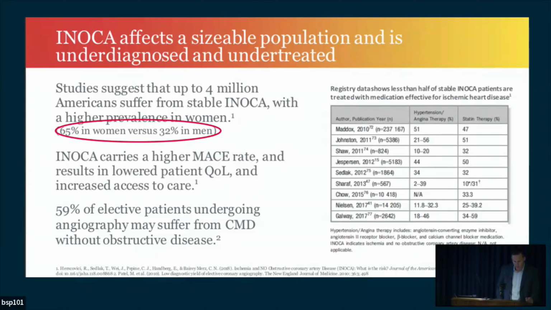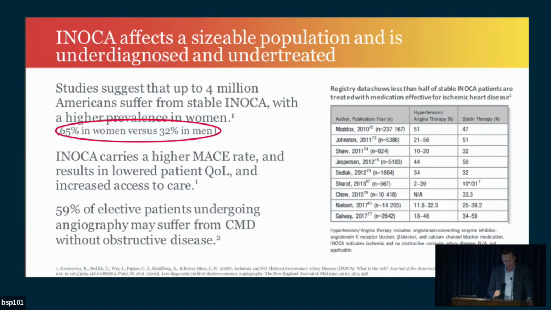This is a large study, and what I want to highlight is that about 2/3 of the time, it's more commonly seen in women than in men. Men can have microvascular dysfunction, but 2/3 of the time, it's seen in women. And we're very fortunate here at Georgetown to have Dr. Srichai in women's cardiology, with her clinic, to fully evaluate these patients, both non-invasively with cardiac MRI and then invasively with myself and Dr. Hashem.